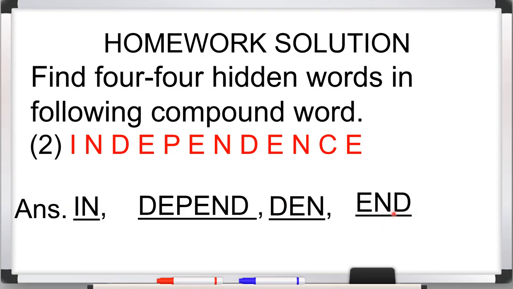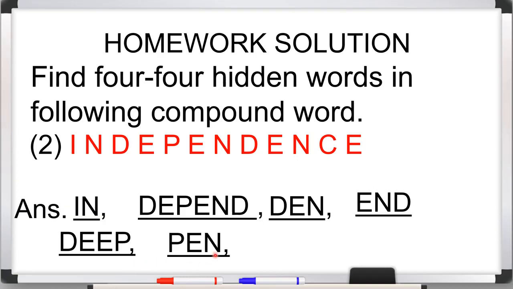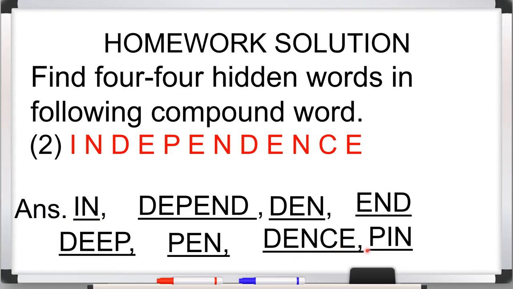End means खत्म होना, समाप्त होना. Next word is deep means गहरा. Then pen, dense होता है बेटा घना. And pin. You can also make many more words by using this compound word, independence.